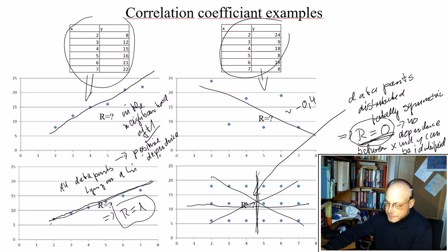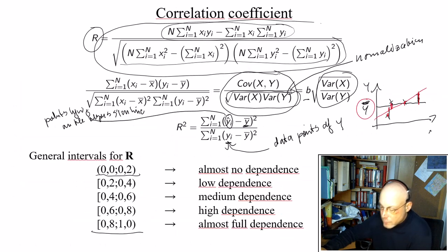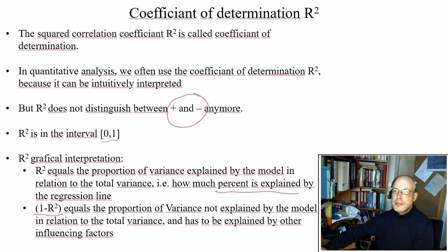Okay, and then we want to calculate this coefficient of correlation, or the square is quite often taken also as a measure, and I also already explained this to you last time, because the coefficient of determination, the squared correlation coefficient, has this nice graphical interpretation that we can say if this is 0.75, then we can say from a descriptive standpoint that we are explaining with our data 75% of the dependence between y and x.